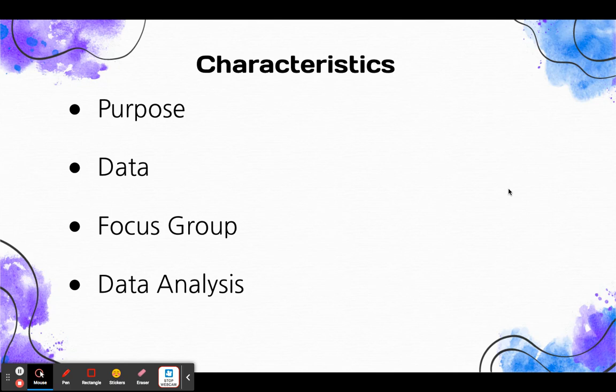Okay, so characteristics of qualitative research. The purpose is to gain the perspective of the participants, the focus group, and try and translate that over into the data. And the data is collected through interviews, pictures, observations, either done in person or recorded.